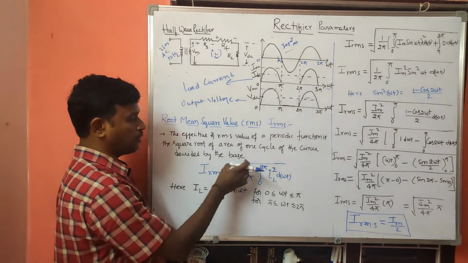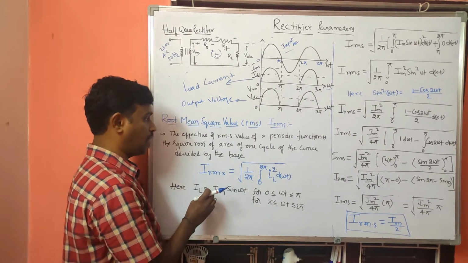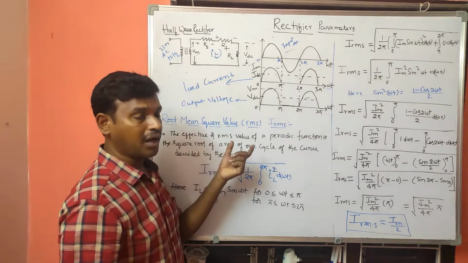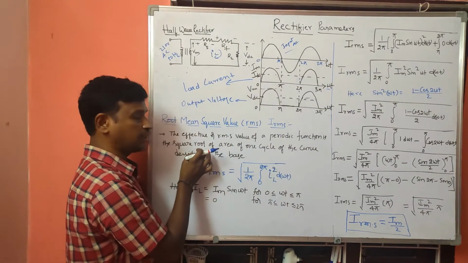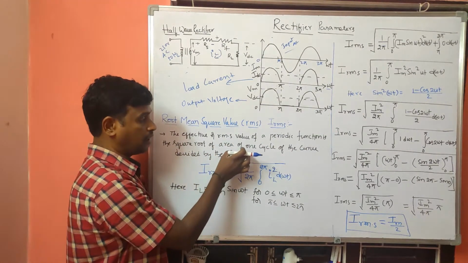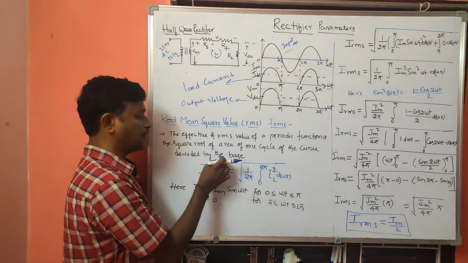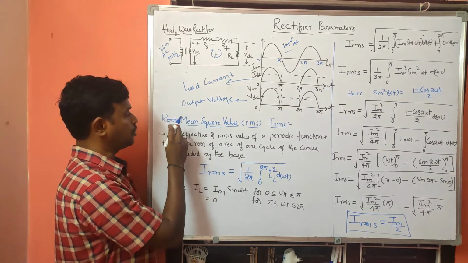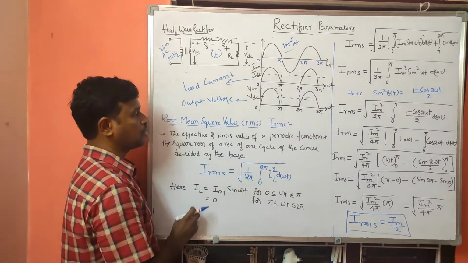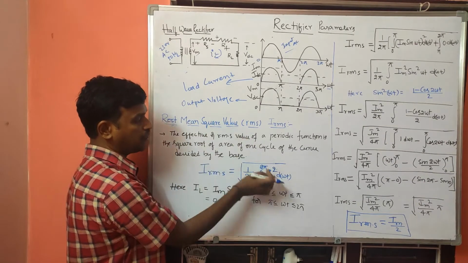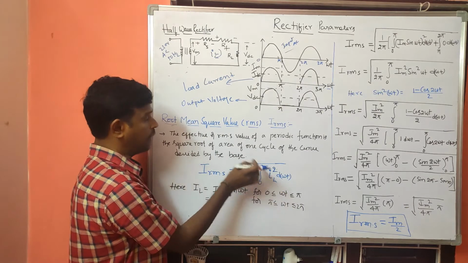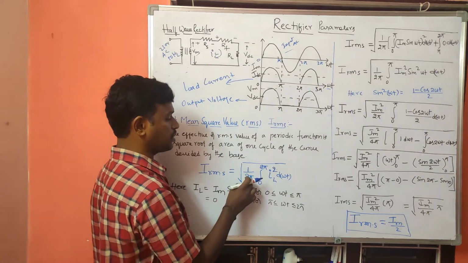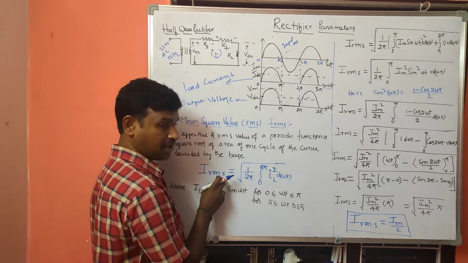This is the equation of the RMS value, and we have the definition: the effective or RMS value of a periodic function is the square root of the area of one cycle of the curve divided by the base. Root means we are taking the square root, mean square is IL square, and mean means we are dividing by the period 2 pi. That is the IRMS value.